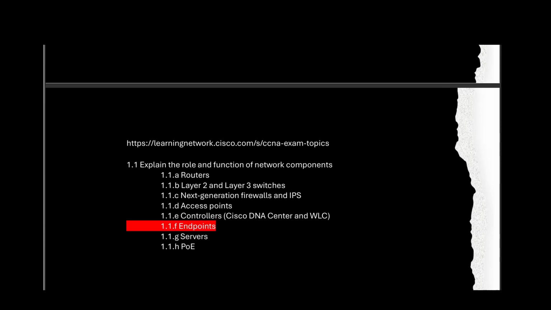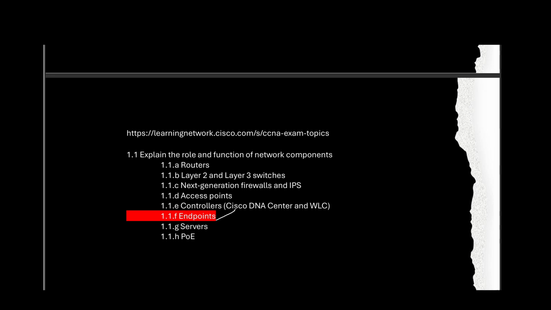And endpoints, there are many examples of endpoints, but the endpoint I'm seeing right now is probably the user itself, how the connectivity goes from a certain user to the network infrastructure.